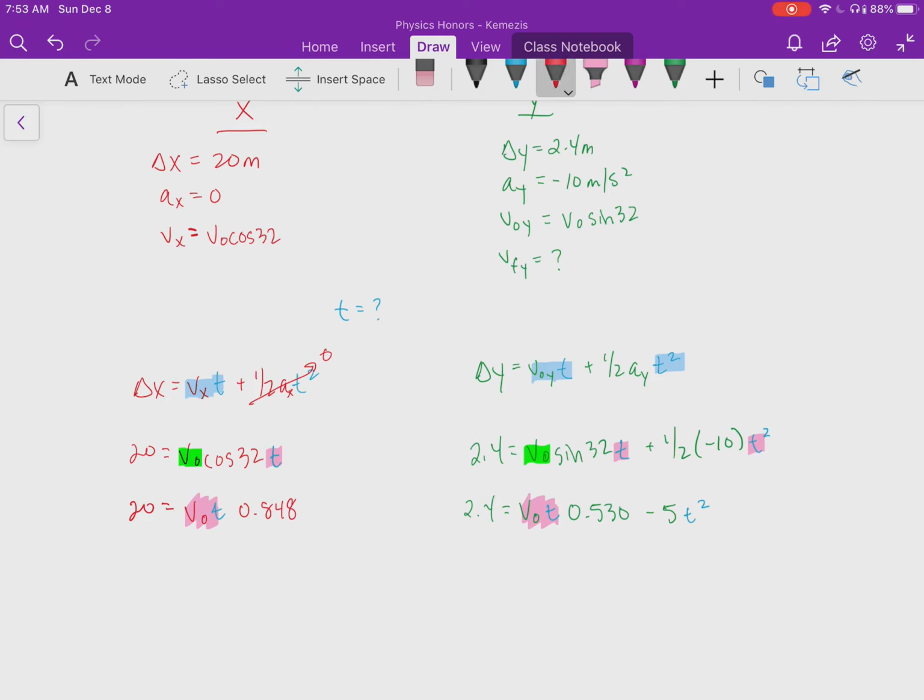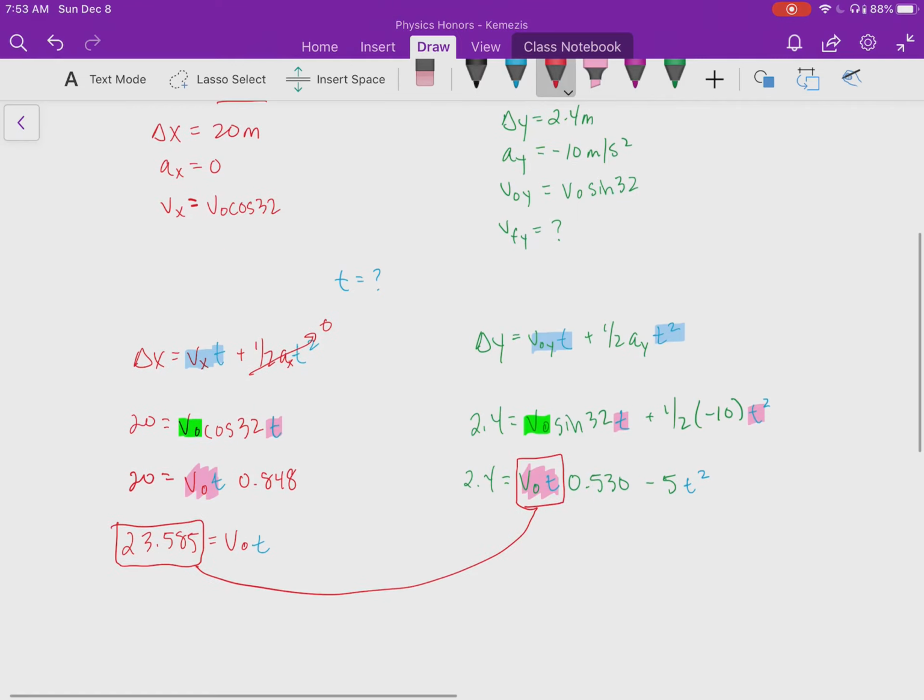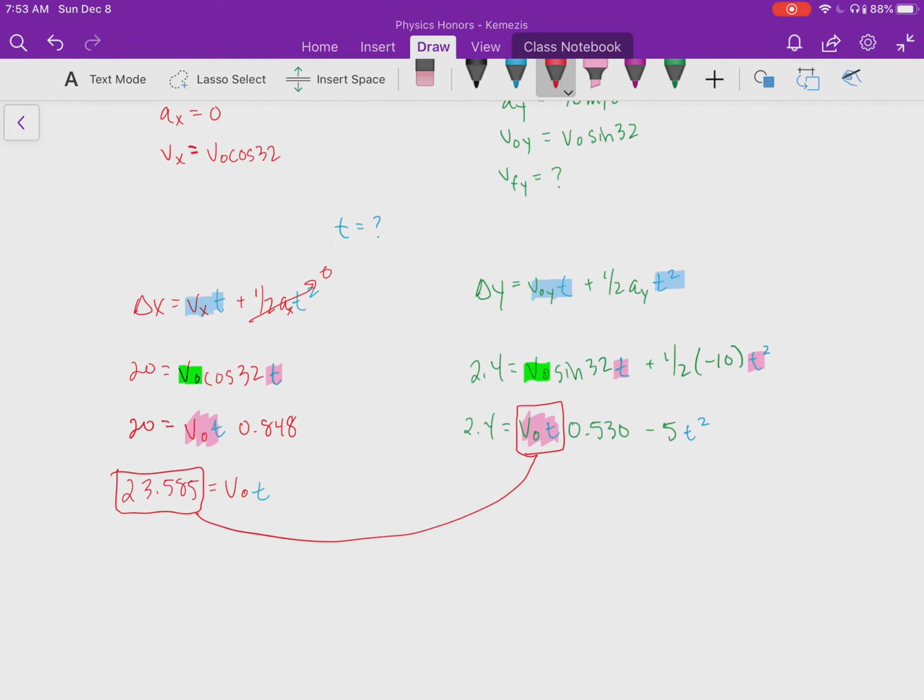So if we divide our red equation here, 20 by 0.848, we get 23.585 is equal to v naught t. And what I can do is take this number and plug it in, and it makes us have not a crazy quadratic to do. If you were to isolate v naught and then plug in, you'd have a pretty big quadratic to deal with.